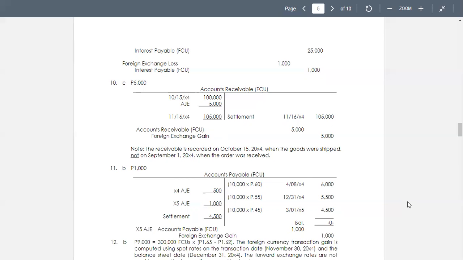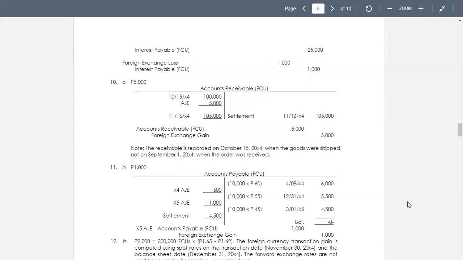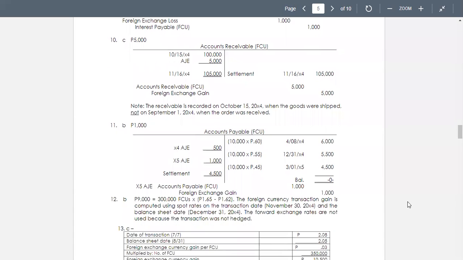Okay, so in adjusting journal entry number 5, we debit back to accounts payable and credit gain. So that will involve a decrease in accounts payable because it's a gain. So there's really a deduction.